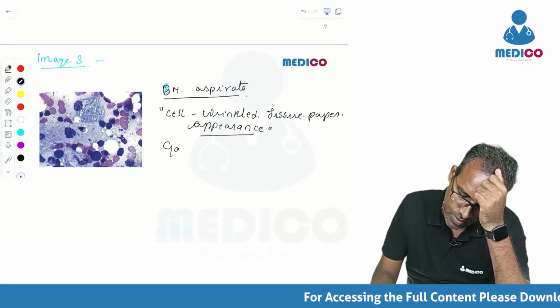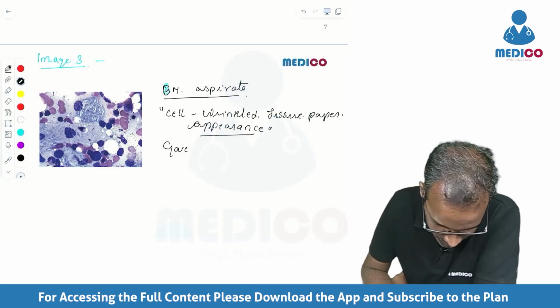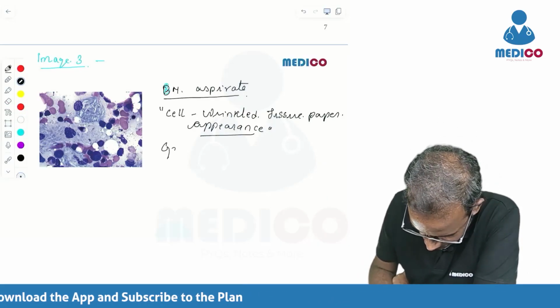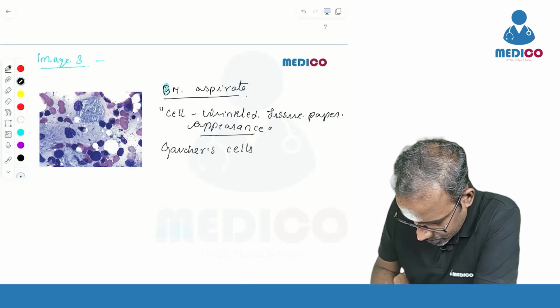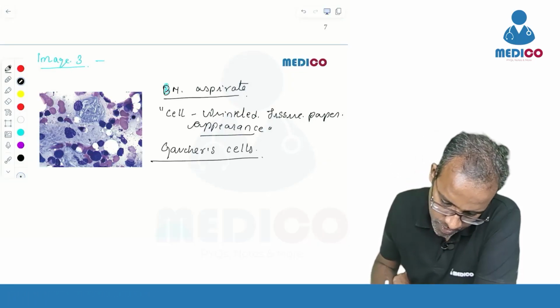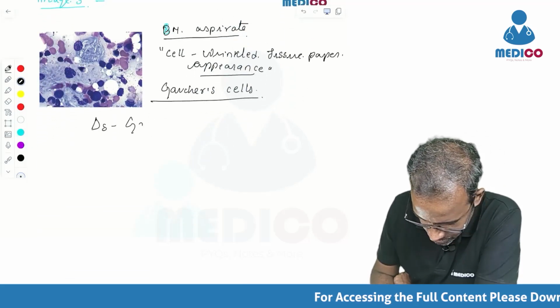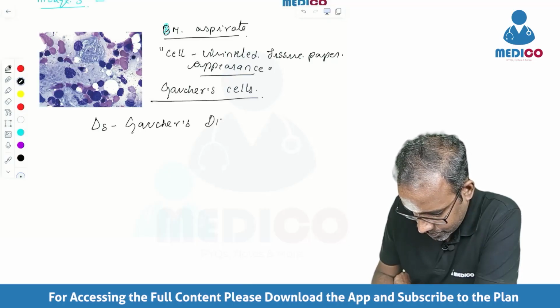These cells are called Gaucher's cells. As the name suggests, the diagnosis of this condition is Gaucher's disease.